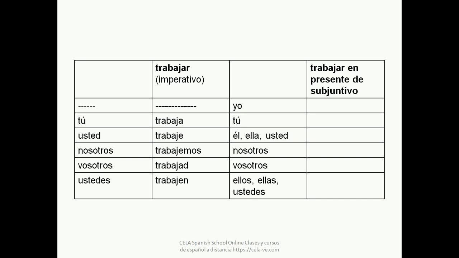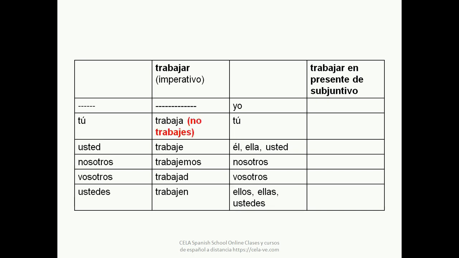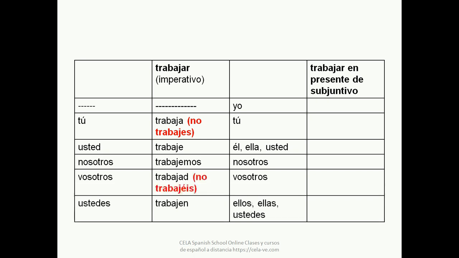In the negative imperative, the persons tú and vosotros change. Tú no trabajes, vosotros no trabajéis. The rest of the persons remain the same. No trabaje, no trabajemos, and no trabajen.